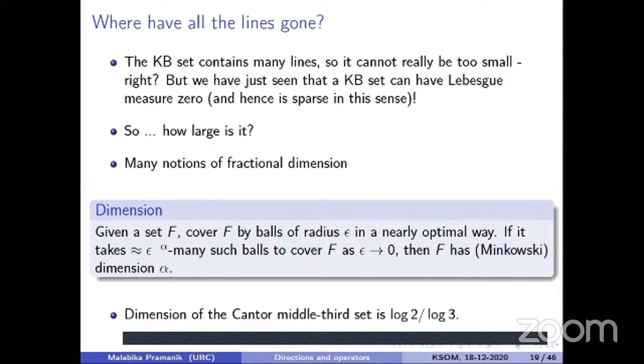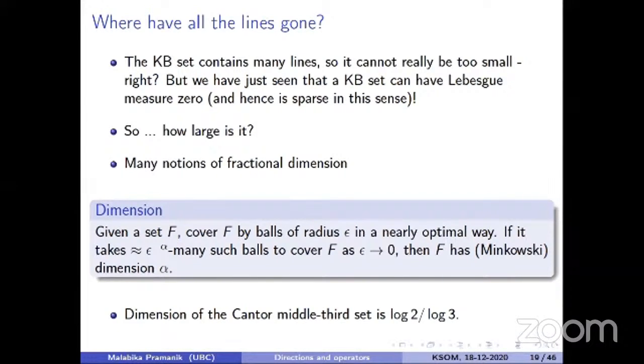What this suggests is that perhaps Lebesgue is too crude a measure for the size of the KB set. After all, a line and a point in the plane both have Lebesgue measure 0, but they are certainly not of the same size. A line has dimension 1, whereas a point has dimension 0. What's the dimension of the KB set?